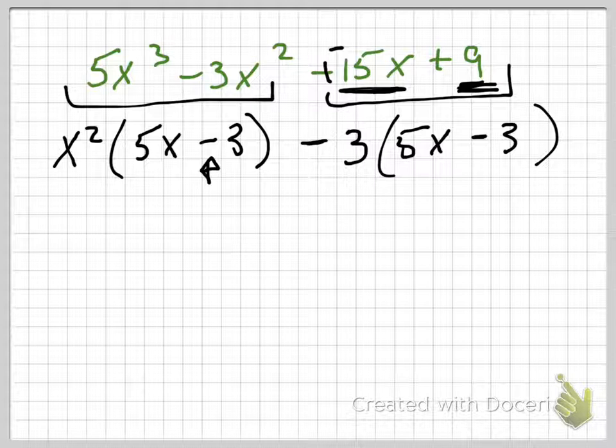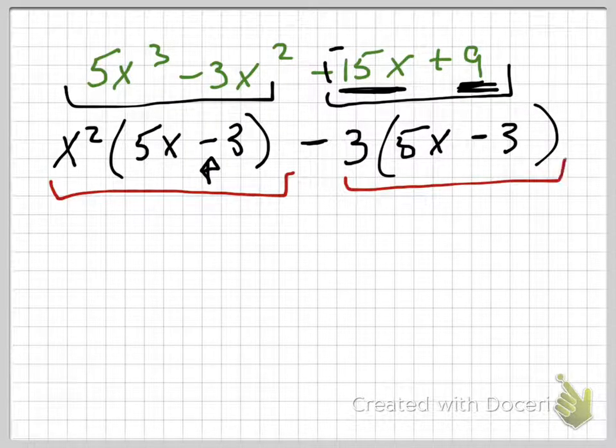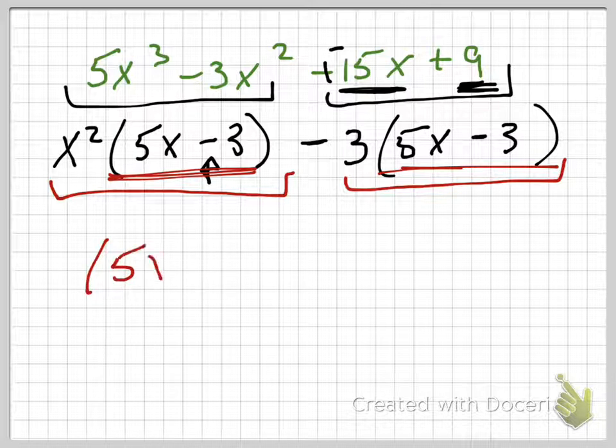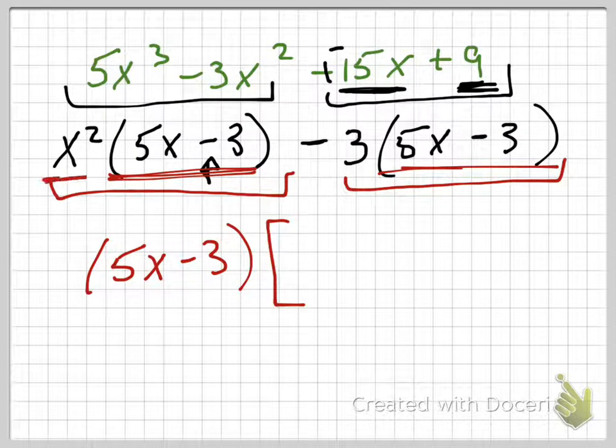And now you can see that I've got two terms, and these two terms have a factor in common, namely 5x minus 3. So I'm pulling out this GCF again. 5x minus 3 is the GCF, and what's left behind when I pull that out? An x squared is left behind in the first term, and minus 3 is left behind in the second term.